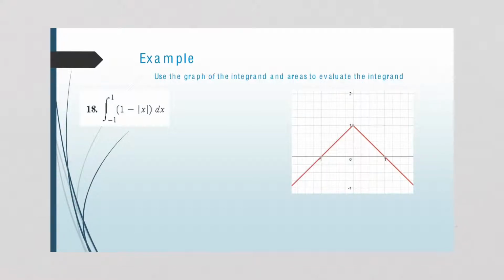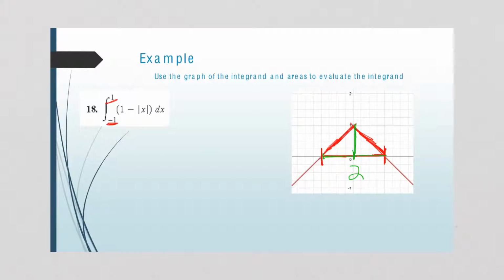So here it says, use the graph of the integrand and areas to evaluate the integral. So I'm integrating from negative 1 to 1. Well, here's negative 1, and here's 1. So I'm only looking at this triangle, which is pretty nice. So my base is going to be 2, because from here to here is 1, and from here to here is 1.